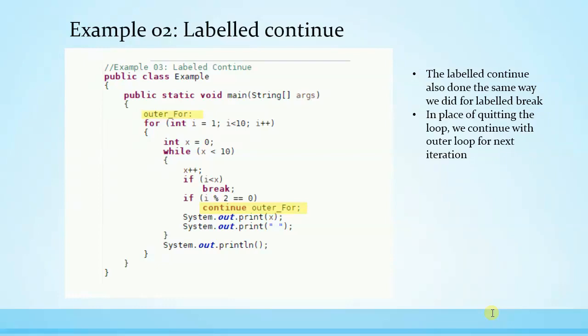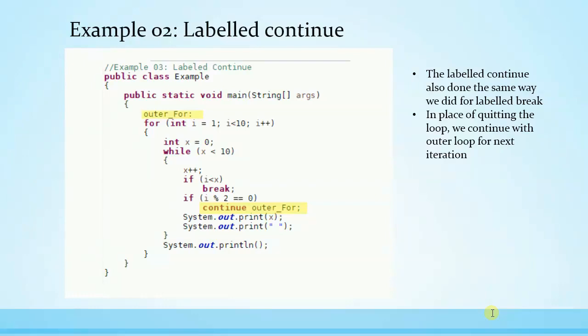So labeled continue works the same way how the labeled break works. Here we should place a keyword continue, then the same way we can specify the label. So that tells how we want to continue.